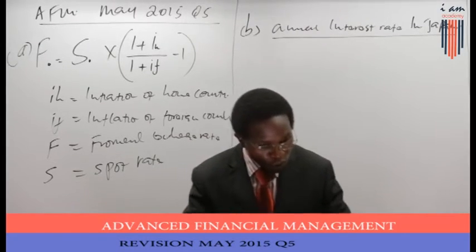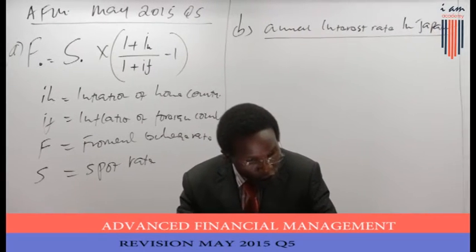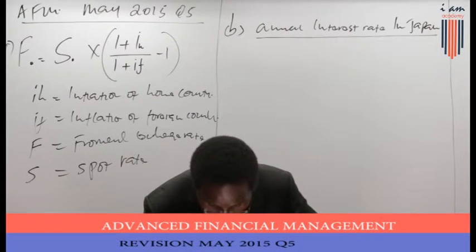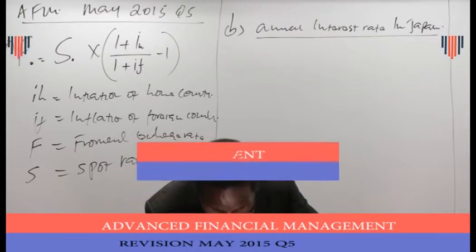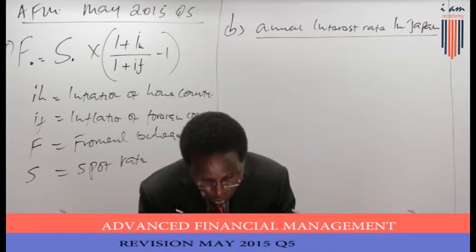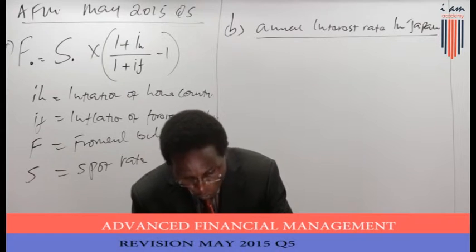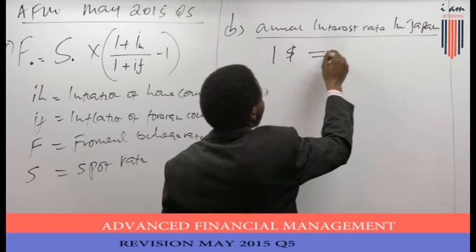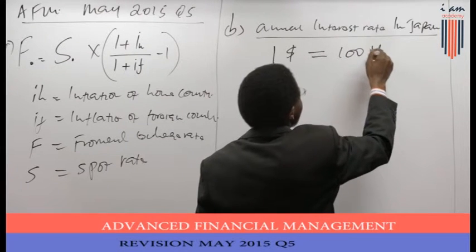Now, let's analyze this information first. We realize that the exchange rate equals 100 Japanese yen for $1 US. So $1 US equals 100 Japanese yen.